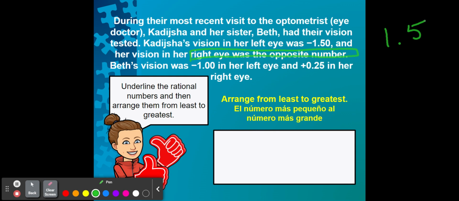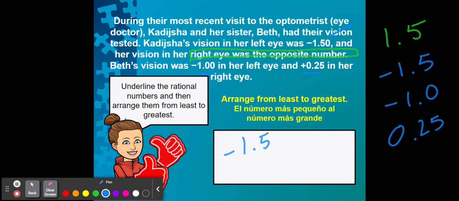Now I'm going to go ahead and pull out all of the numbers that I see in here. So let me switch my color here. I think I'm going to switch to blue. So I've got my -1.5, the opposite, which I already did, which was 1.5. I've got negative 1.0, and I have positive 0.25. So if I was on that number line, the number that would be furthest to the left would be negative 1.5.